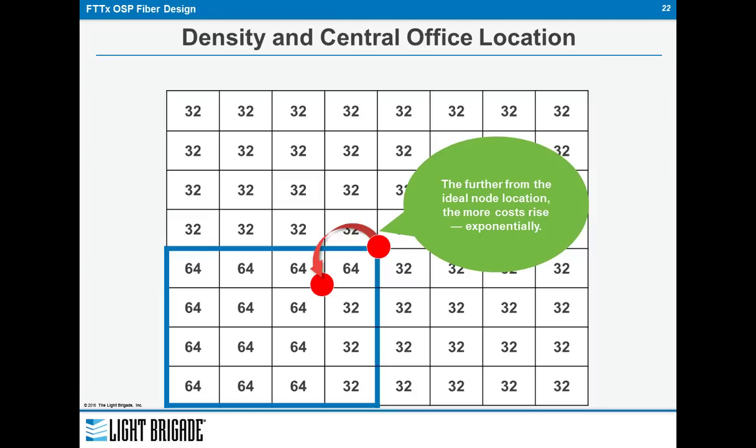In other words, don't be putting it in the center of that dense area. Just make a minor adjustment. And you can run your own cost studies of how far is appropriate for your network. This is an ideal planning model. And if you have an idea going in what the ideal is, the closer that you can approximate to that, the better off your costs are going to be.